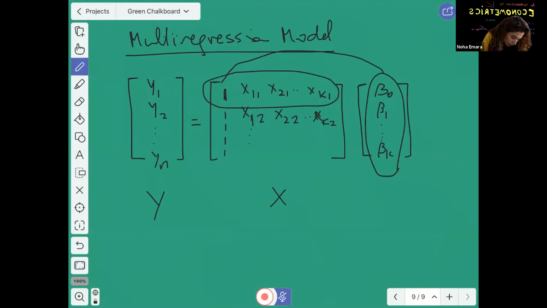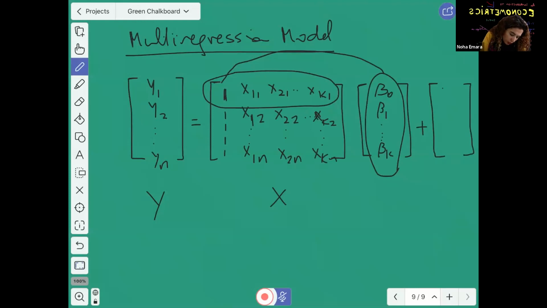And then here I have X1N, and here I have X2N, and here I have XKN, right? And these all are multiplied with the vector of betas, and then each person, each regression has its own error term.